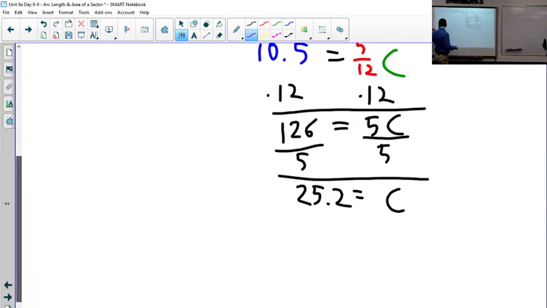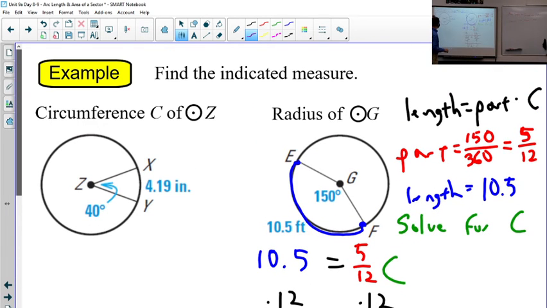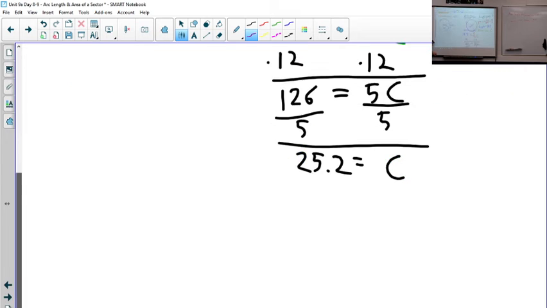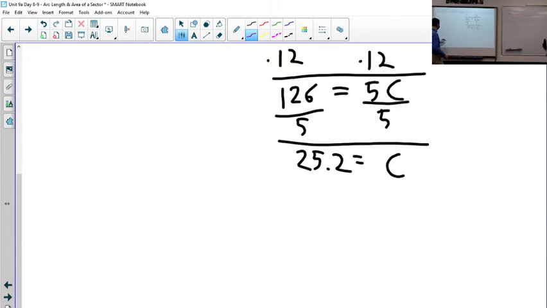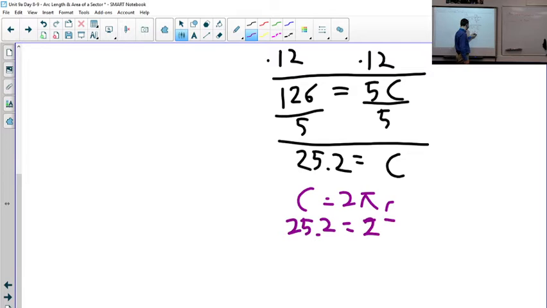So to get radius from circumference, we're going to use the formula for circumference, which is that circumference equals 2 pi r. And now that we know that the circumference is 25.2, we're going to put that in for C, and we're going to solve for r by dividing by 2 pi to get rid of the multiplying.